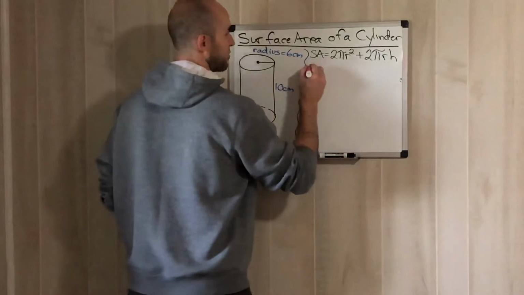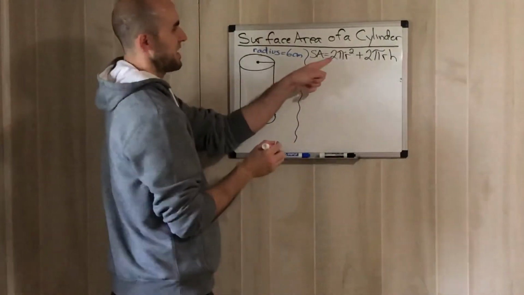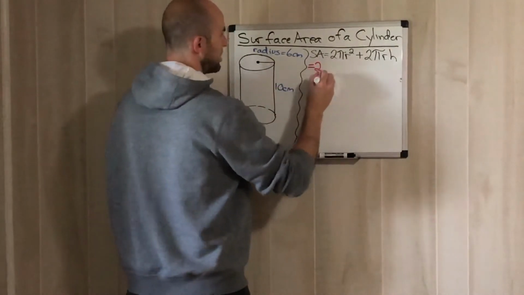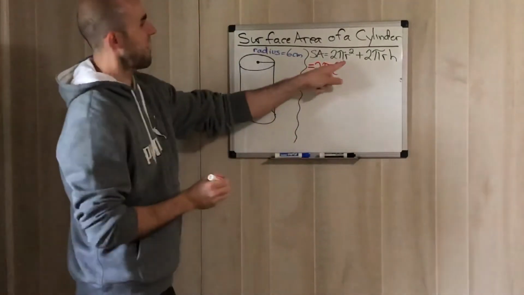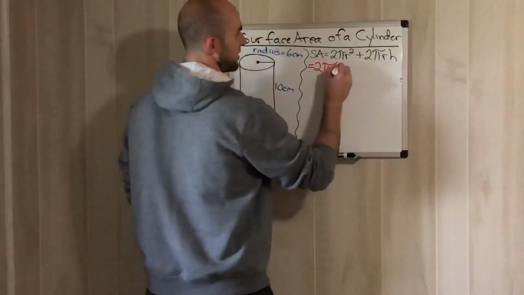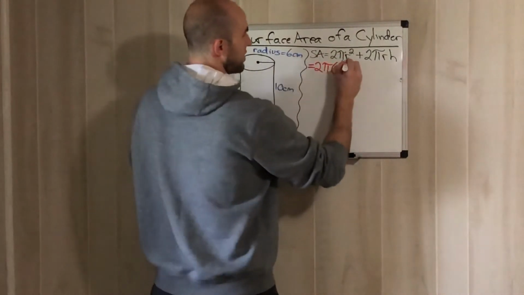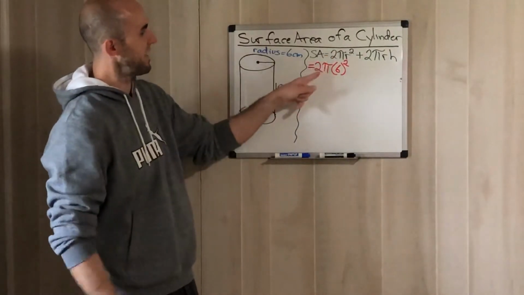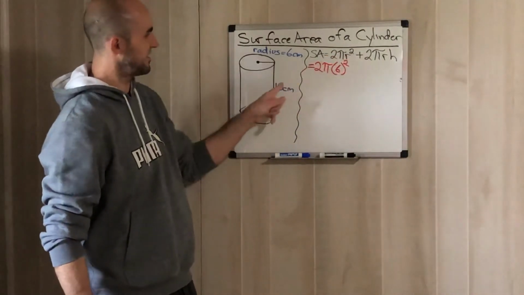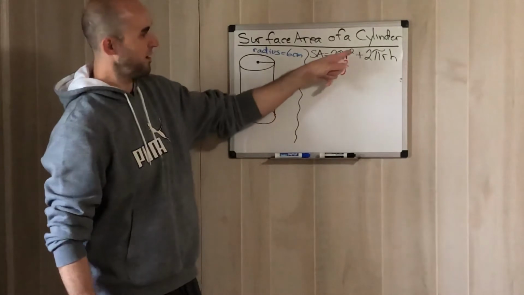Let's start with the first part. It's gonna be 2, it's always 2. We know that it's pi. Now we know that the radius is 6 squared. So all I did was 2 pi, radius is 6 squared.